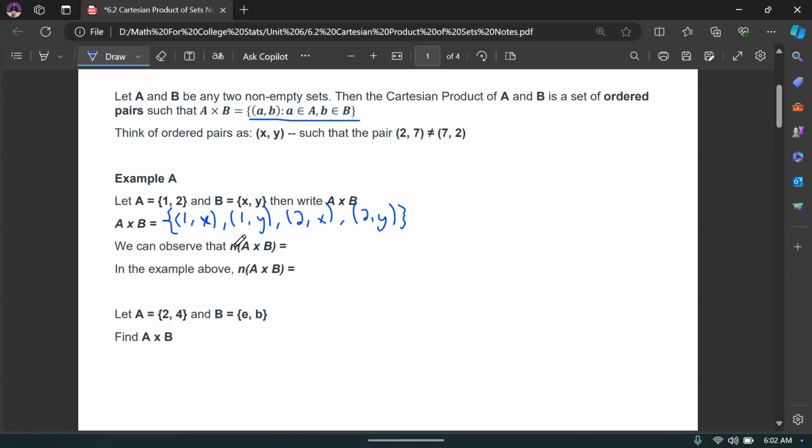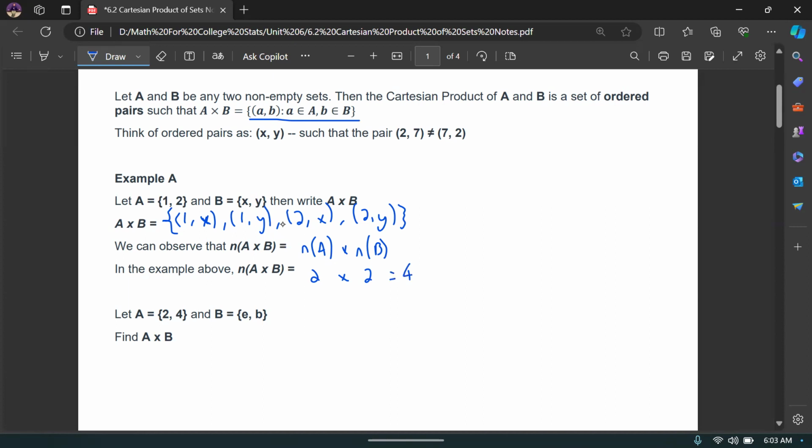Now we can observe that n, the number of elements of A times B, this is kind of interesting, is the number of elements in A times the number of elements in B. So what I'm saying here is that you'll notice that there are 2 elements in A and there are 2 elements in B. So the number of elements, 2 times 2 in this case, is 4.